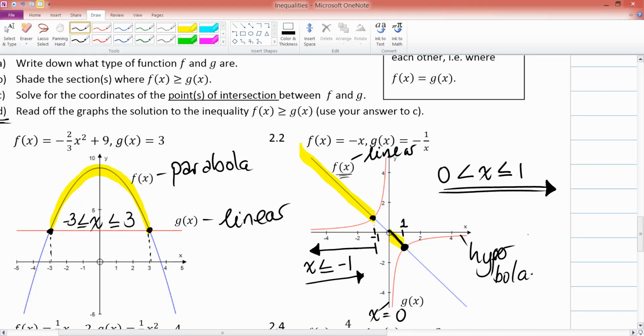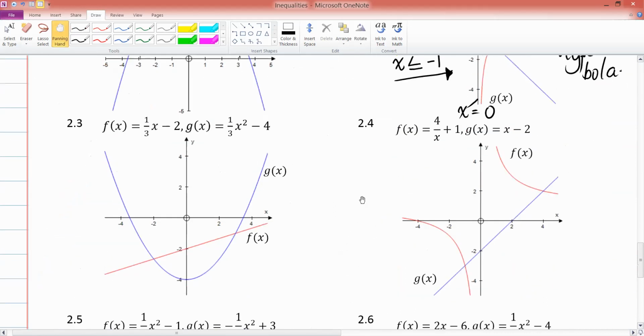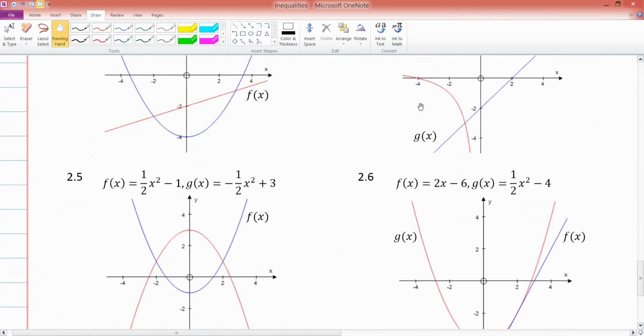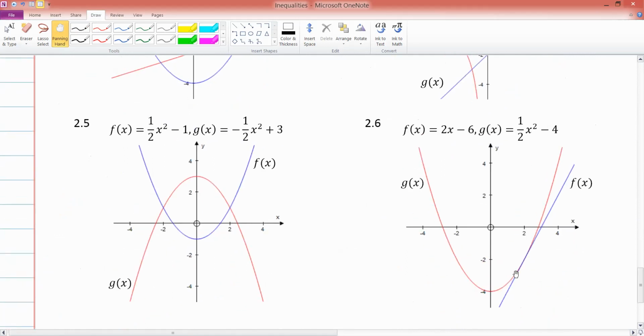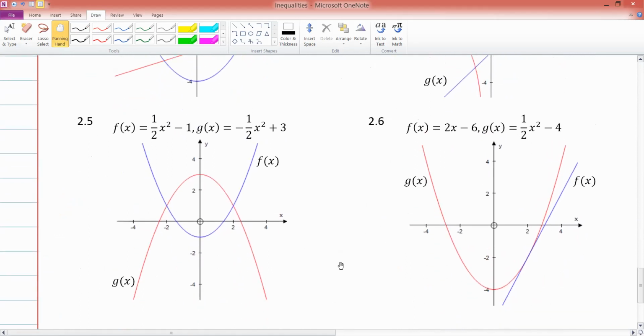Okay, let's look at the 2 parabolas. Right, now, this point here, this point here.